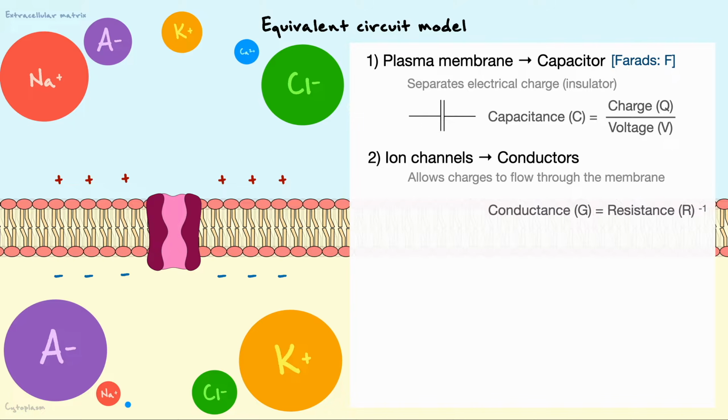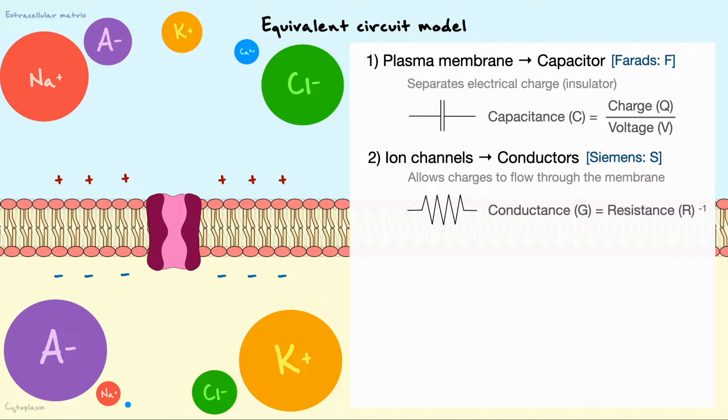In this case, the resistance could be thought of as the fact that the ions cannot freely cross the membrane. However, I will rather keep the conductance because it is more intuitive to think of how channels allow the current to pass rather than how much they impede it. Nonetheless, I will use the symbols of resistors to show the conductors, so make sure you don't get confused with this element. The units for conductance are Siemens and are represented with S.